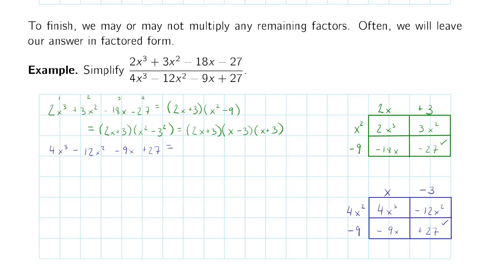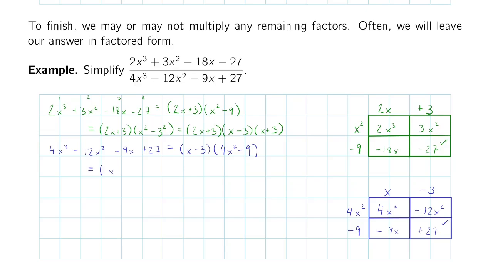So to begin with, my denominator factors as (x - 3) times (4x^2 - 9). But remember, we need to factor fully. x - 3, that's linear, that's prime. 4x^2 - 9, it looks like that might be a difference of squares.